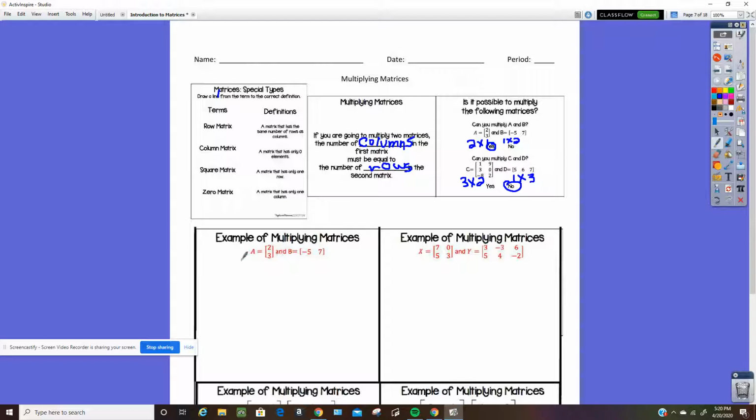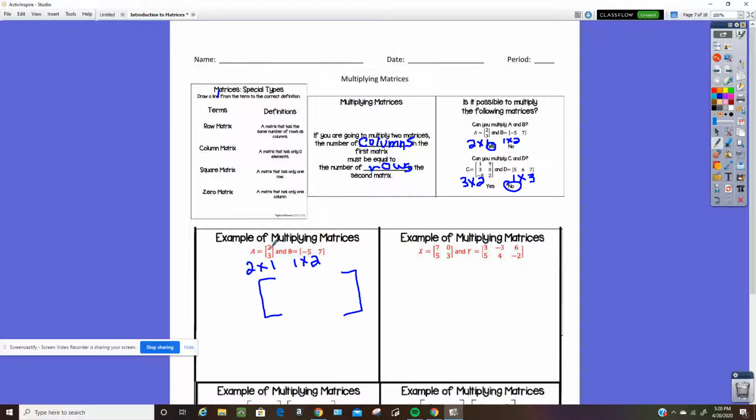So here's some examples. A is a 2 by 1, and B is a 1 by 2. So these two match, and I'm going to end up with a 2 by 2. And the way we multiply is we multiply the rows times the columns.